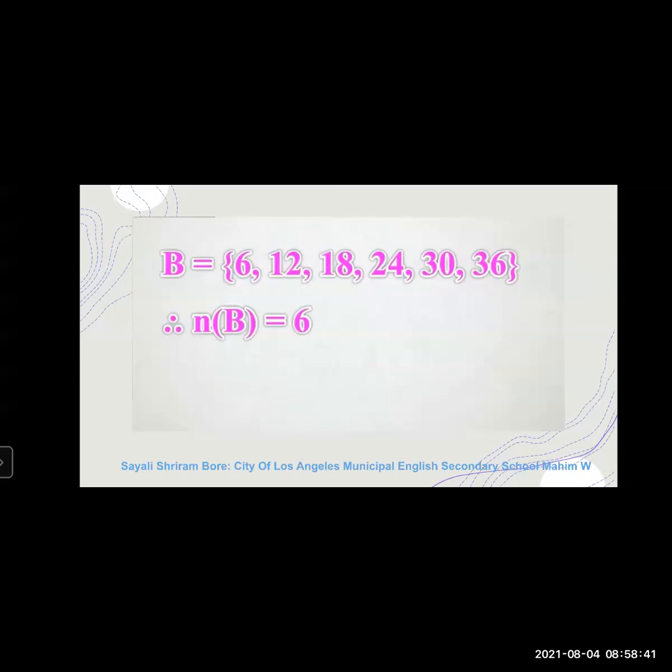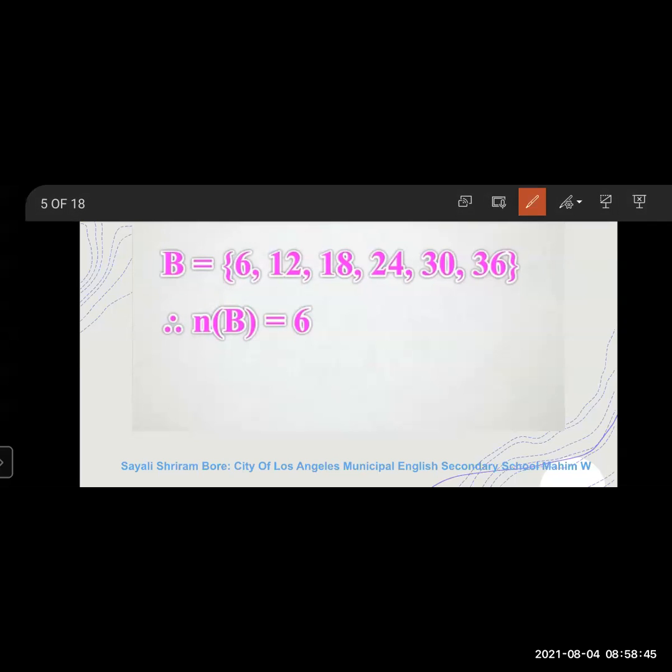That is n of B. n represents, as I told you, small n, the number of elements. Now, that number of elements you are counting in which set? In the set B. So n of B is equal to, how many elements are there? 3 and 3, 6. It's so simple.